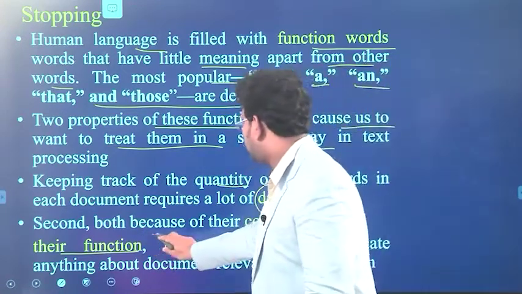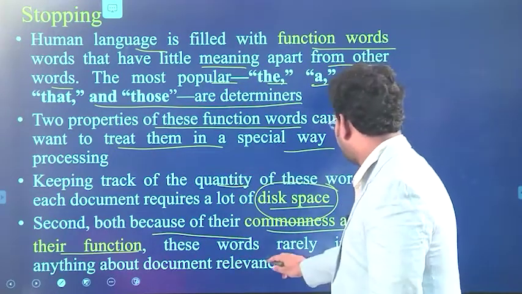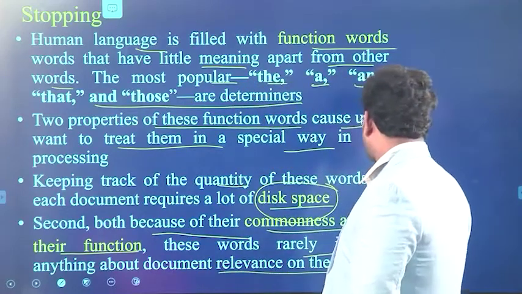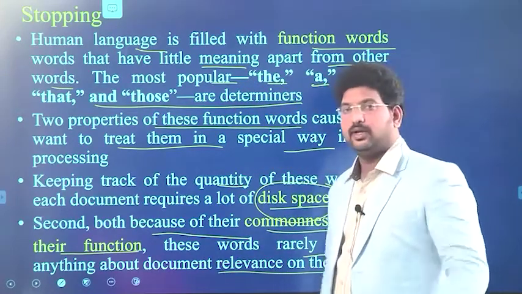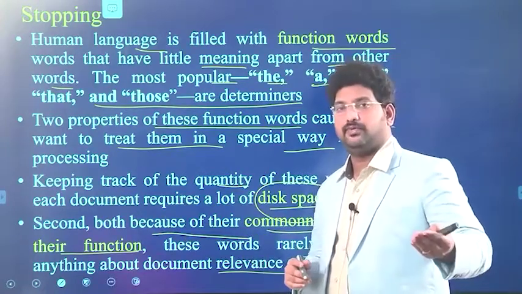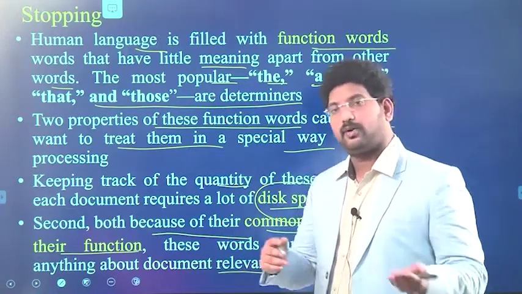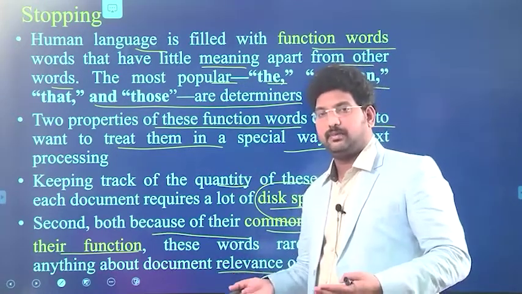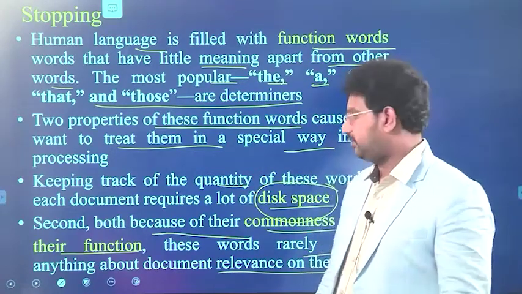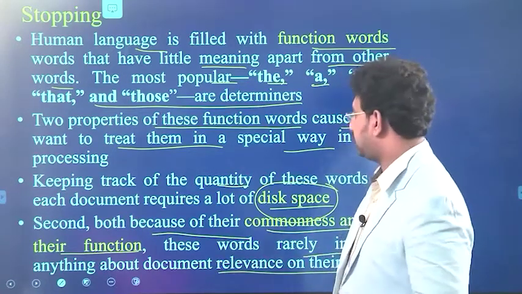Second, because of their commonness and their function, those words rarely indicate anything about document relevance on their own. Without the support of other words before or after, there is no particular meaning for these words. They definitely need to depend on other words. That is about commonness and their function.